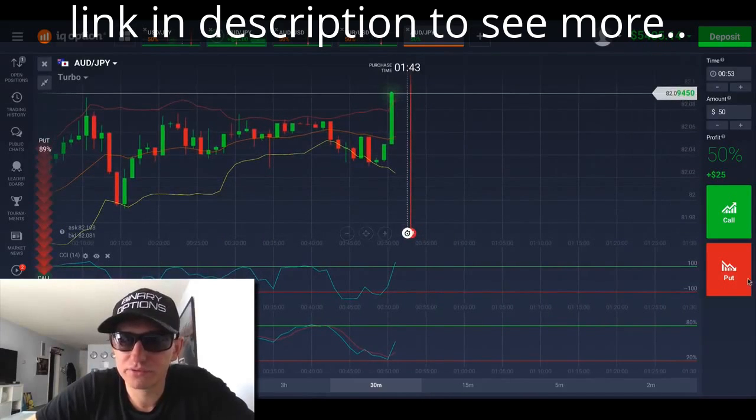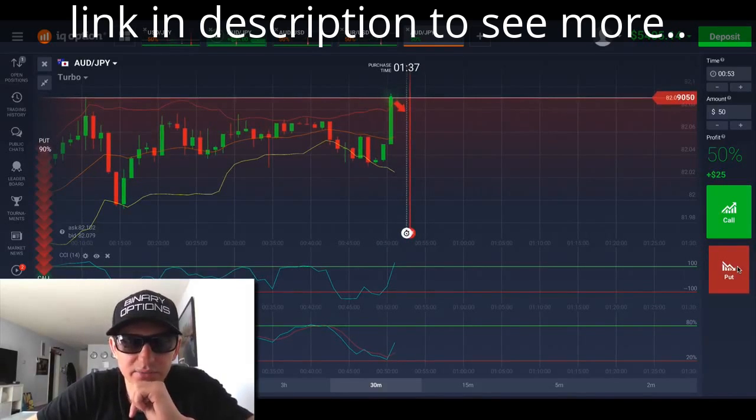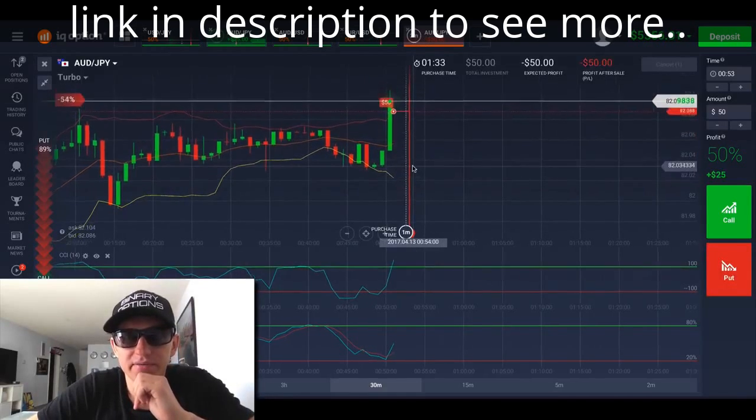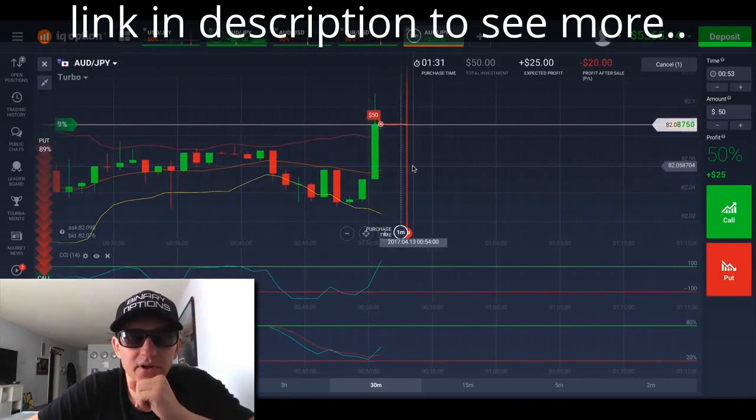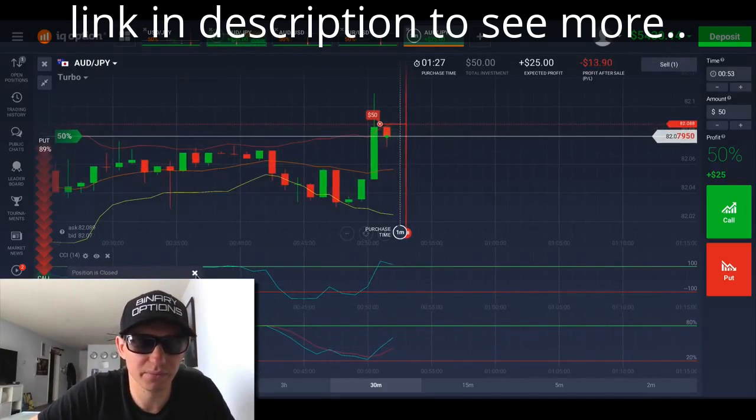I think it should be the good moment to go for the put stake. The stochastic is still not there, but the CCI and Bollinger Bands might be enough. So I will proceed with the put stake.